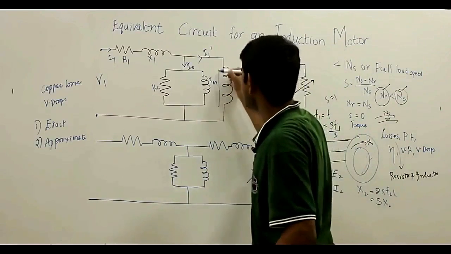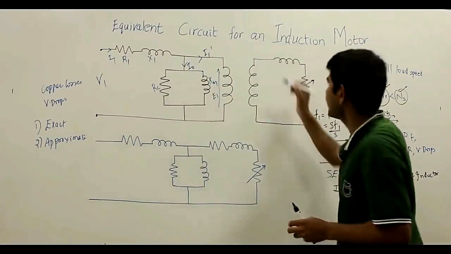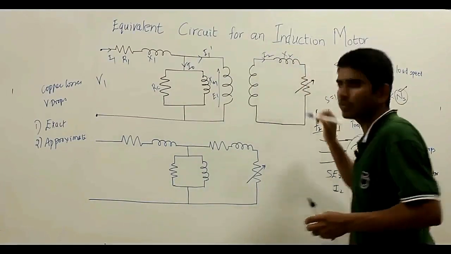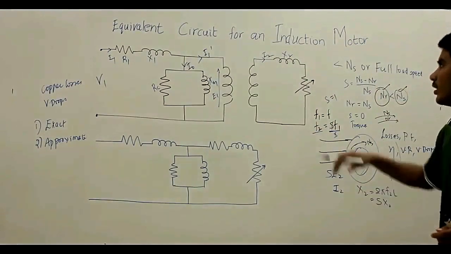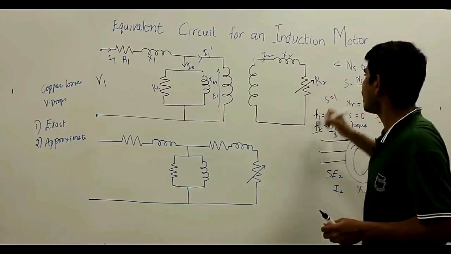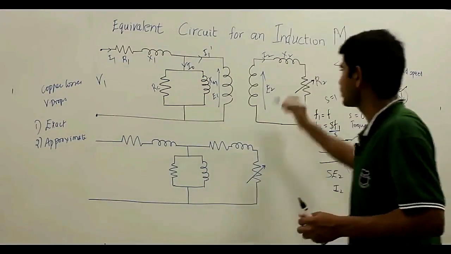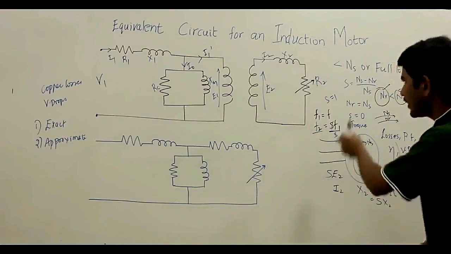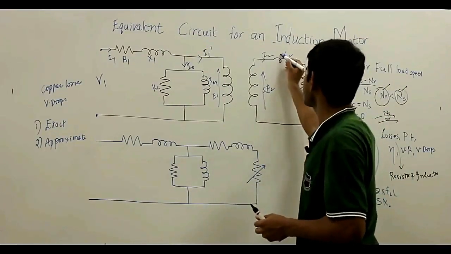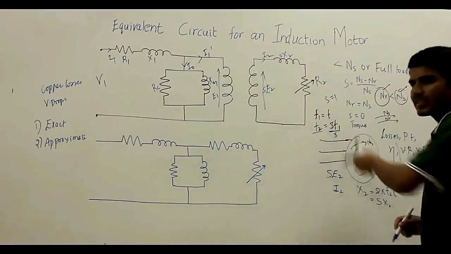Here you can see E1 is the induced EMF in the stator. These are all per phase values. This is the I2 current, this is X2, the rotor reactance per phase, this is R2, and here is E2, the rotor induced EMF. Now by considering the slip S, it will be S into E2 and S into X2, and there won't be any effect of slip on the resistance.